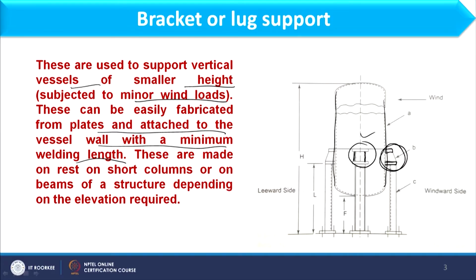These are made to rest on a short column, so this C is basically the column which we have already discussed, or on a beam of the structure depending on the elevation required. So, in this way we can understand the bracket or lug support, and then we will start design. But before we start design of bracket or lug support, we will see what are the stresses which are acting on these supports. So, let us start that.